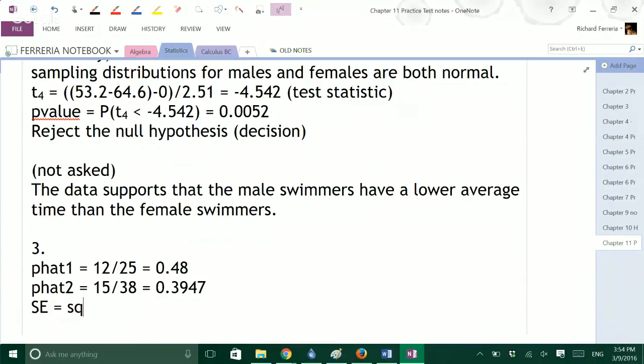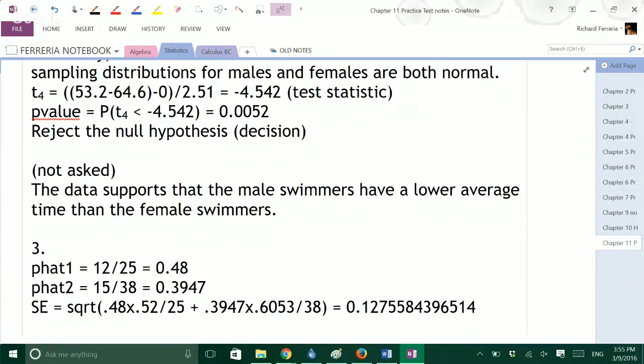So the standard error is just the square root of, let's see, 0.48 times 0.52 out of 25 plus 0.3947 times 0.6053 divided by 38. That's my standard error.